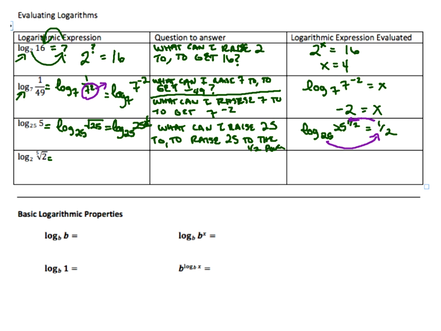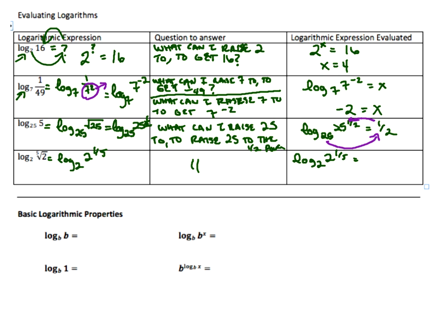Okay, I'm going to change this one here. I don't like having that root there, so this is the same thing as log base 2 of 2 to the 1/5 power, because it's a 5th root there. And this is almost the same question, so I'm just going to put the little marks there that say same kind of question. This says log base 2 of 2 to the 1/5.